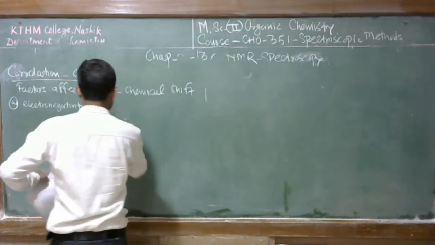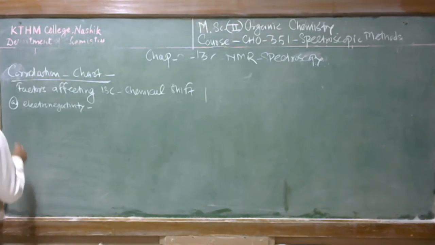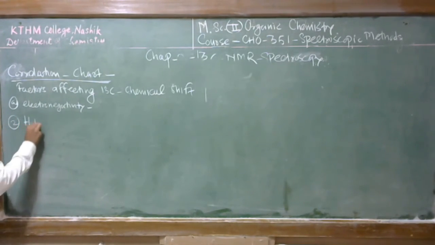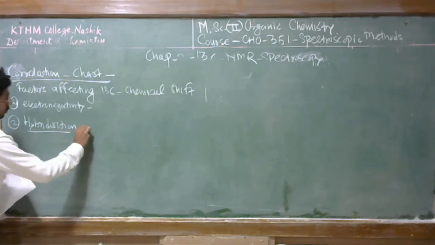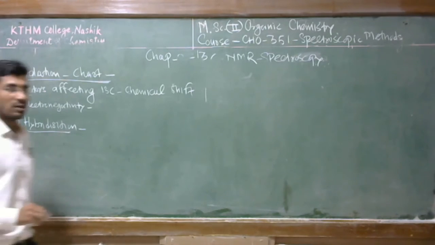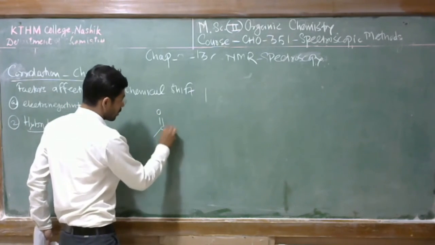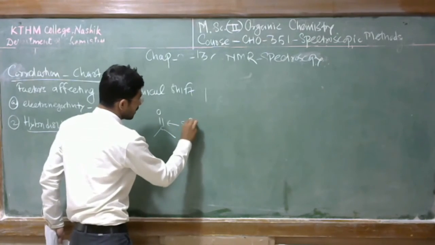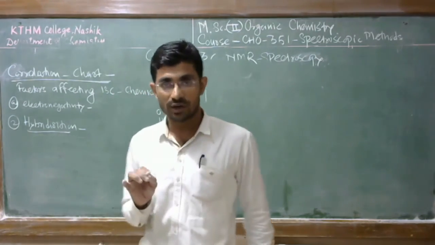Next, hybridization. For this we can consider the example of the carbonyl carbon. The carbonyl carbon is sp2 hybridized. Also, in this carbonyl carbon, oxygen, one of the electronegative elements, is attached.